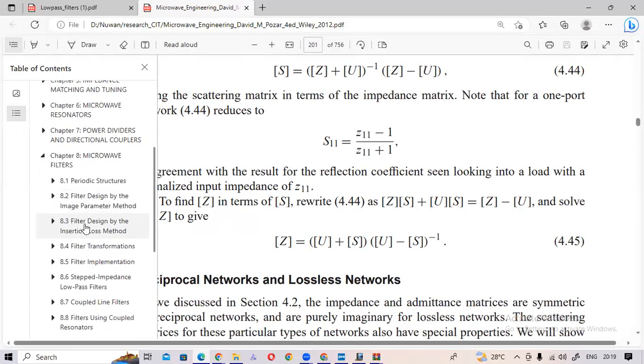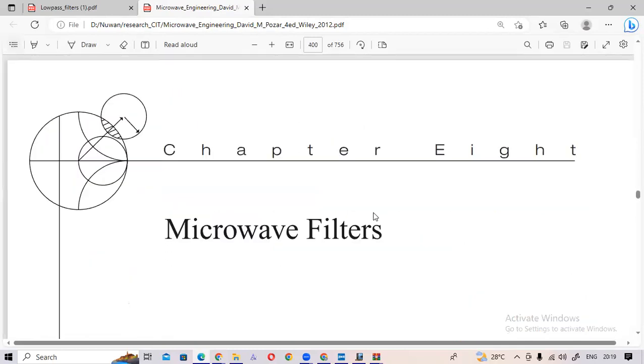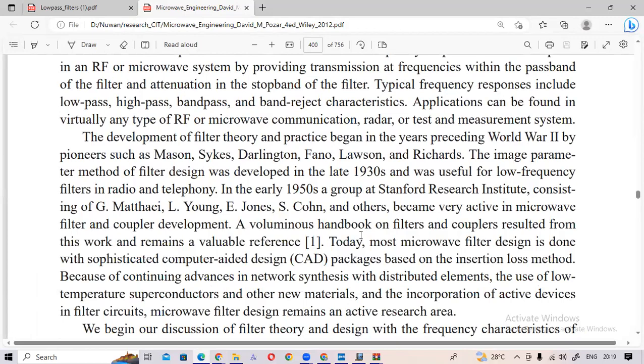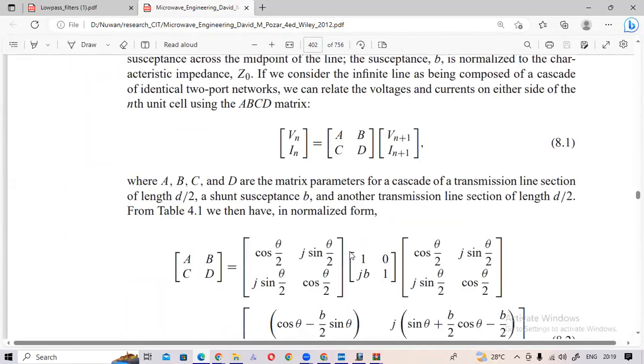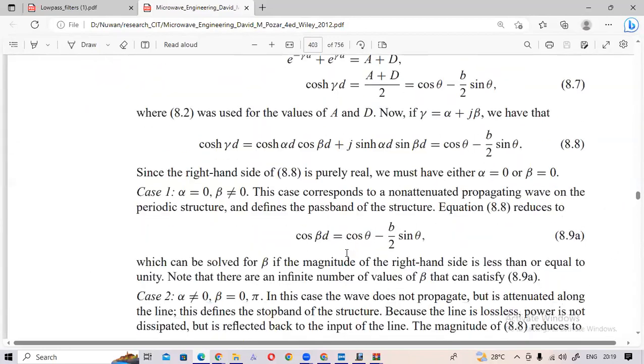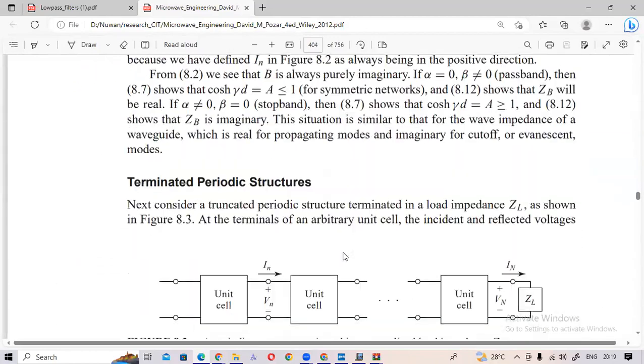You can go through this chapter and read it if you have any problem. The complete description is there.